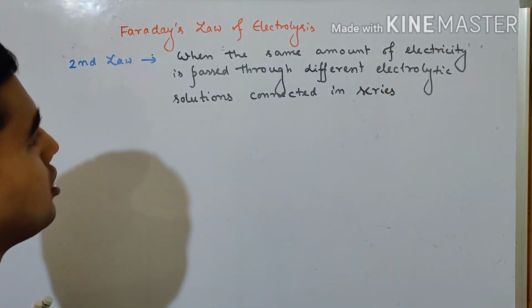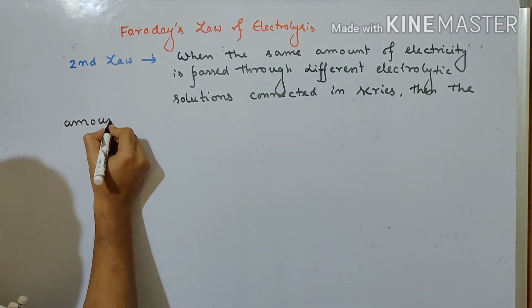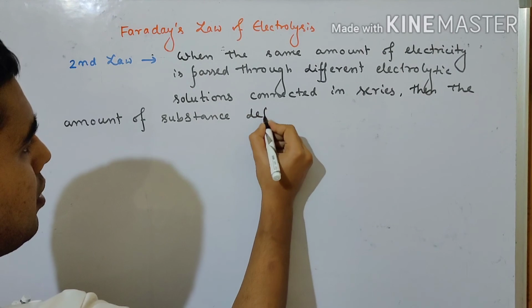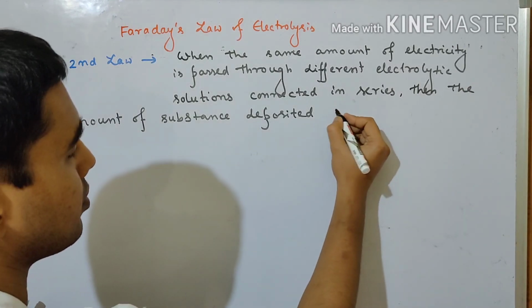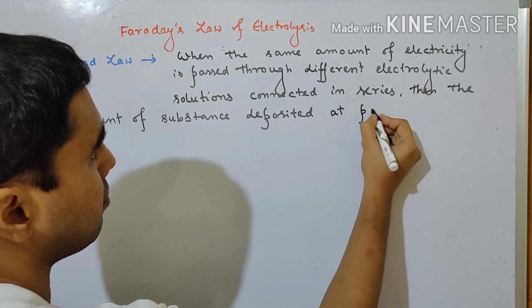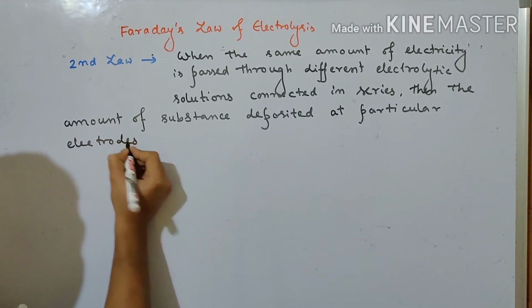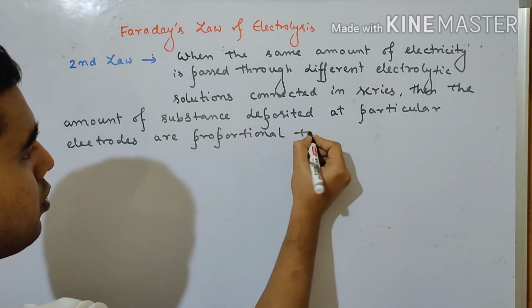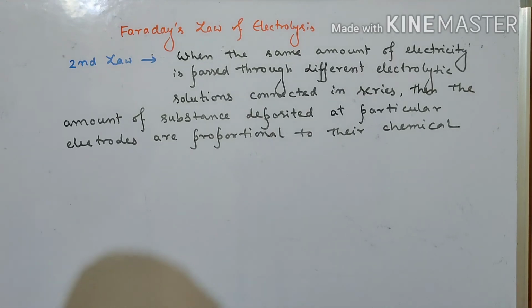They must be connected, otherwise there is no point. Then the amount of substance deposited at the particular electrodes are proportional to their chemical equivalent weights.